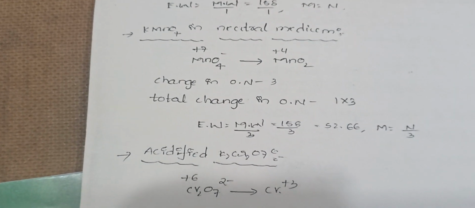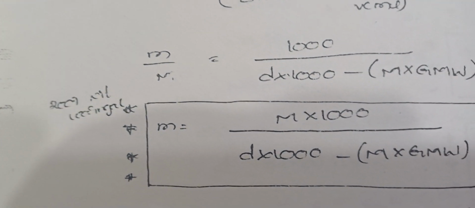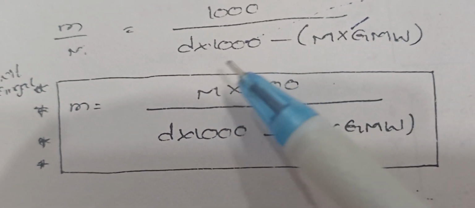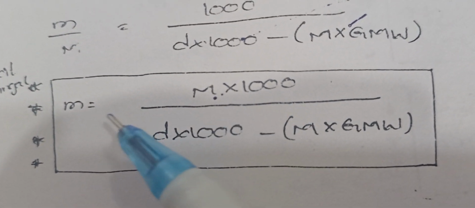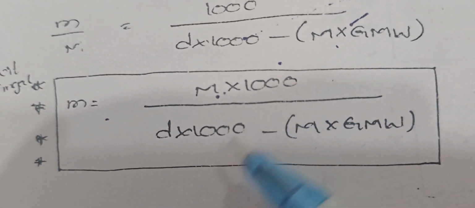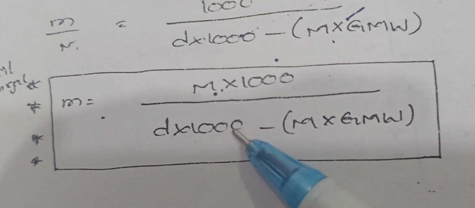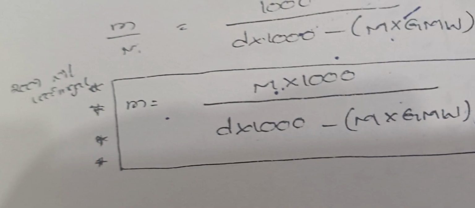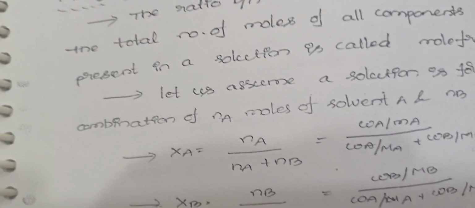Now if you see the relation between molality and molarity, molality equal to M into 1000 divided by density into 1000 minus molarity into gram molecular weight. So that is the relation between molality and molarity.